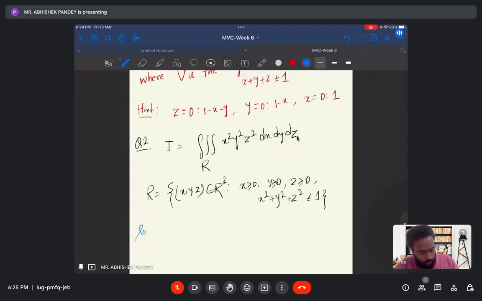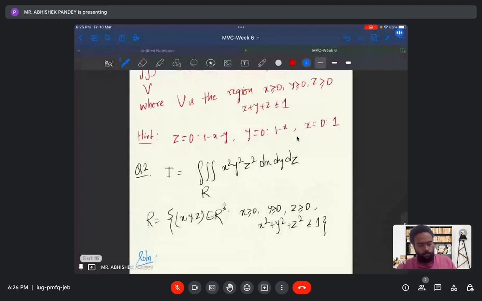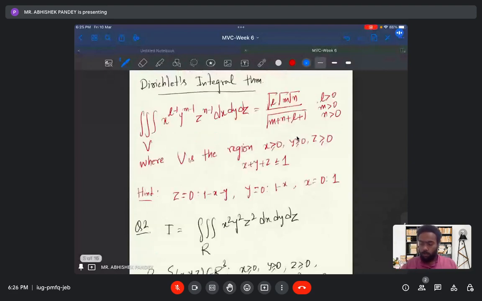To solve this, if you want to use the Dirichlet integral theorem, we need to convert this into the standard form.